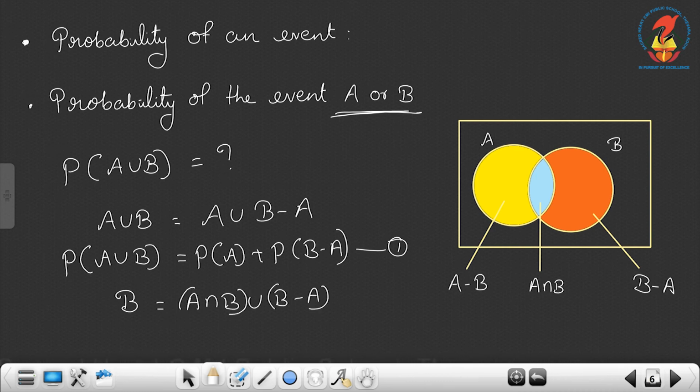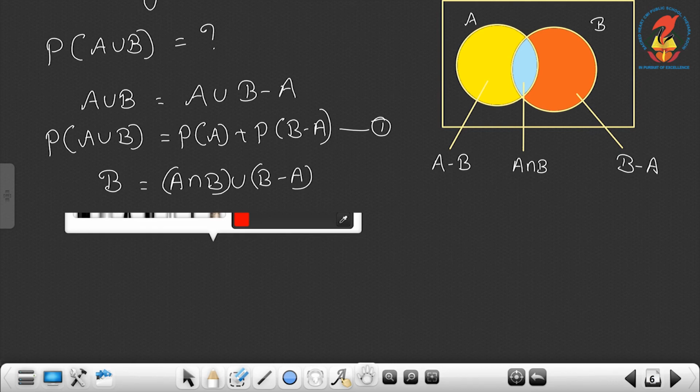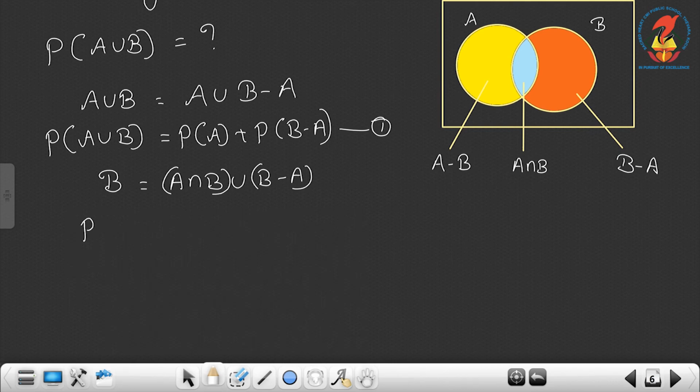Is it correct? And they are mutually exclusive. This blue colored portion and red colored portion are mutually exclusive. So by using the axiom, P of B is equal to P of A intersection B plus P of B minus A. Equation 2.